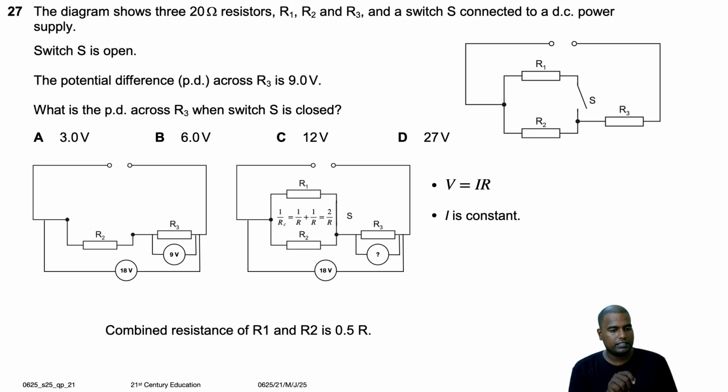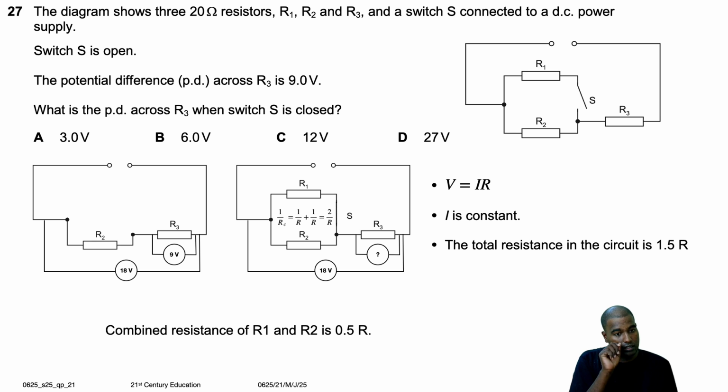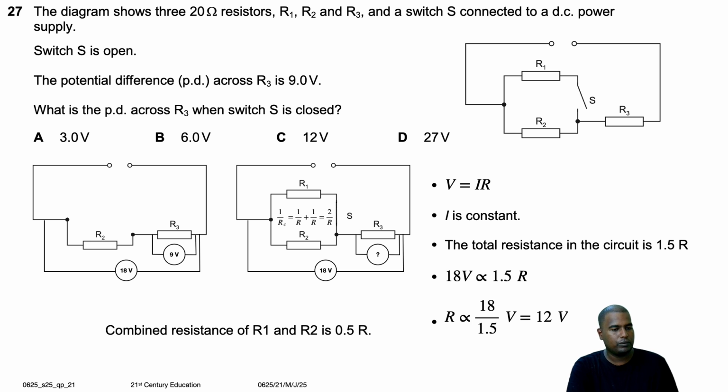R1 and R2 have resistance of 0.5 R, R3 has resistance of R, so the total resistance is 1.5 R. And remember, this 18 volt is across 1.5 R. So 18 volt is proportional to 1.5 R. Why proportional? Because I is constant. Now R should be proportional to 18 divided by 1.5 volt, which is 12 volt.